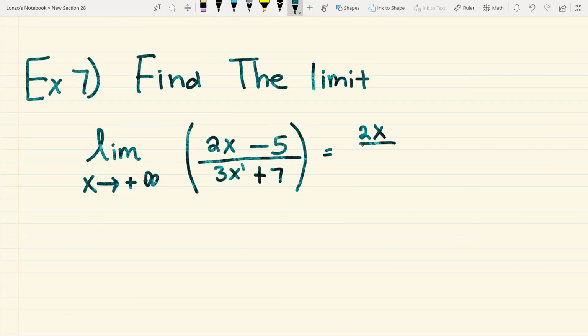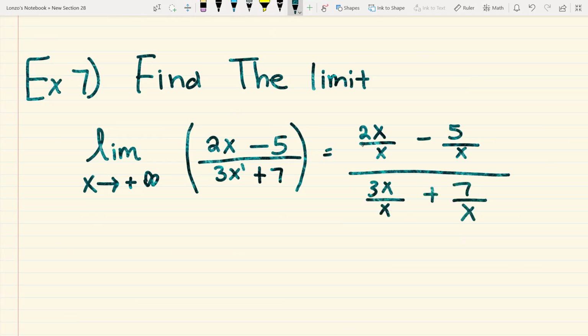So 2x divided by x minus 5 over x. And then on the bottom, it's 3x over x plus 7 over x. Okay. And that would be the limit as x approaches positive infinity. 2x over x is just 2 minus 5 over x.